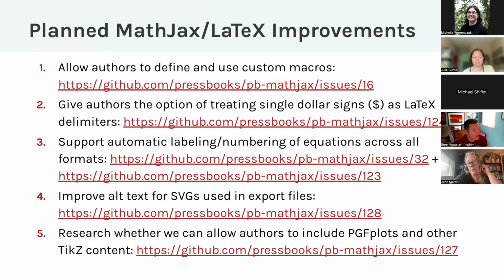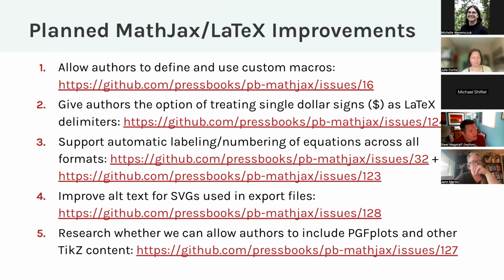You don't want to type that out every time. And so you write a macro that says, every time I type \F, replace it with this long expression. Users define those custom macros and use them to save time when writing their math. And the native Pressbooks solution does not yet support that. We want to add support for that so that you can define custom macros and then they'll just work throughout your book.